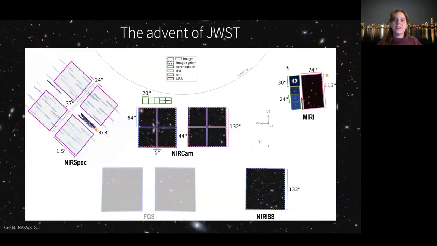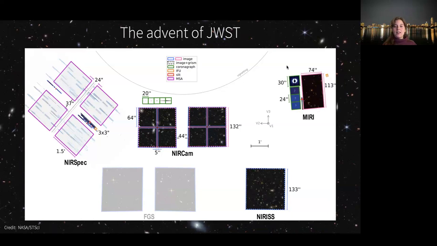Okay, so let's dive more into the technical details here. James Webb Space Telescope, as I showed you, covers the near infrared and mid infrared. We're talking somewhere between 1 micron and 30 microns.